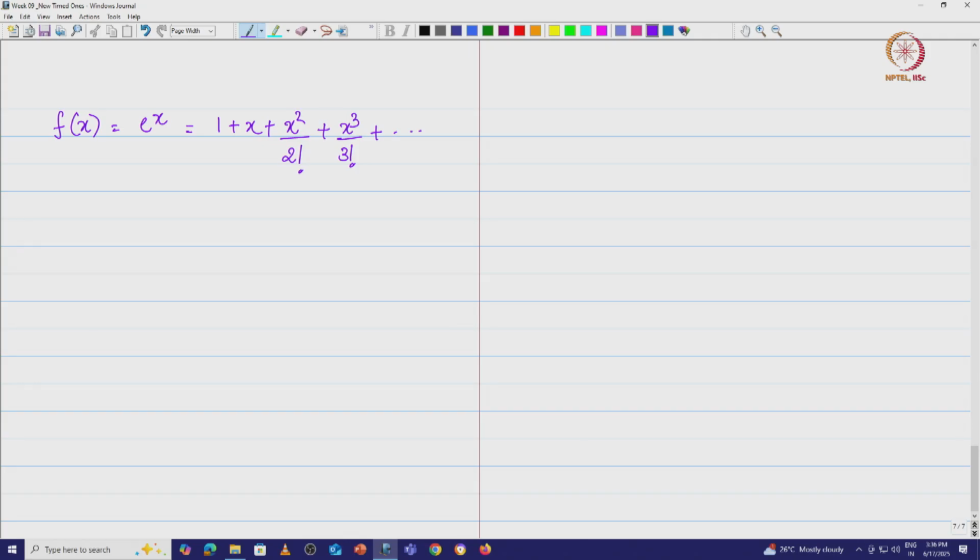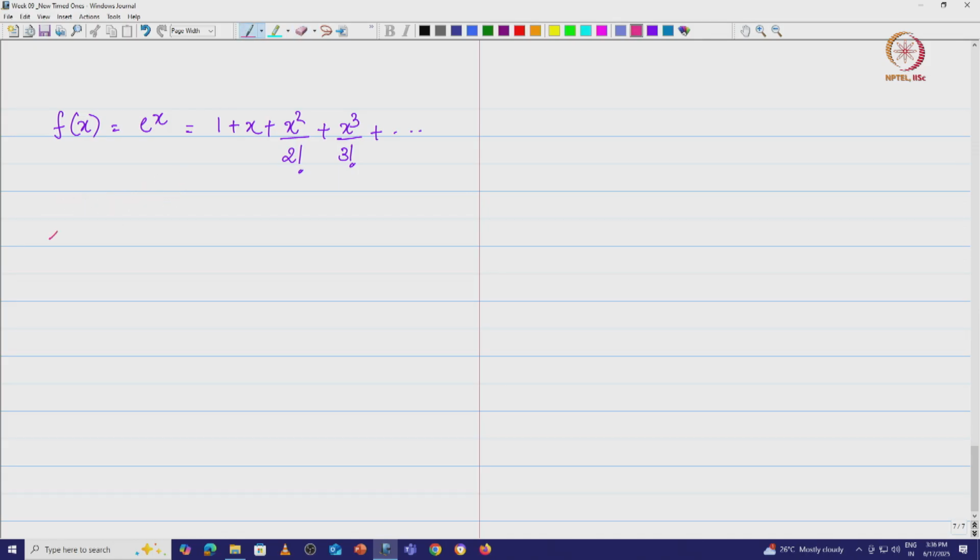Now, I just want to make a small change here. I want to look not just at f of x, I want to look at e power i x, where i is the complex variable that you take. So, I am going to look at f of i x, a complex number. This is nothing but e power i x, right. I am just going to look at the power series expansion for e power i x.